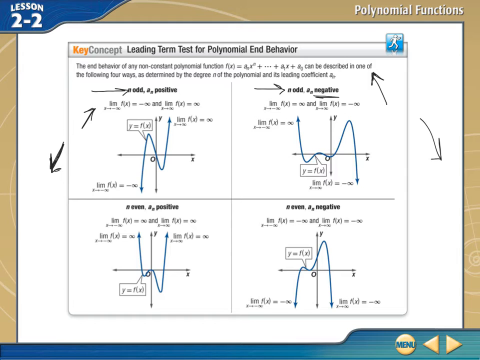Now let's take a look at our even powers. If it is an even degree and it's positive, we expect on the left, the arrow will be up, and on the right, the arrow will be up. If it is an even degree and it's negative, we expect on the left for it to be down and on the right for it to be down. This will be an easy way for us to be able to write our end behavior without even graphing the function.